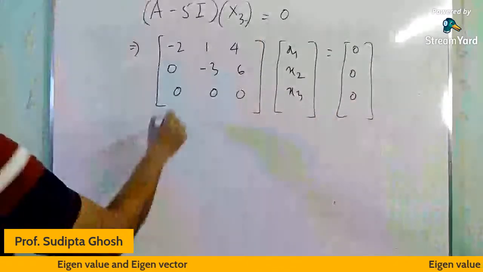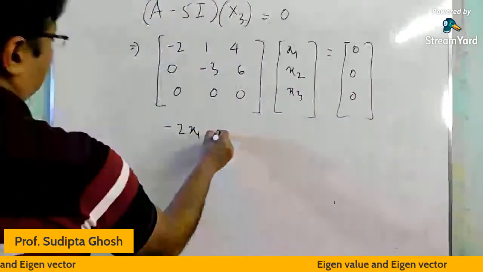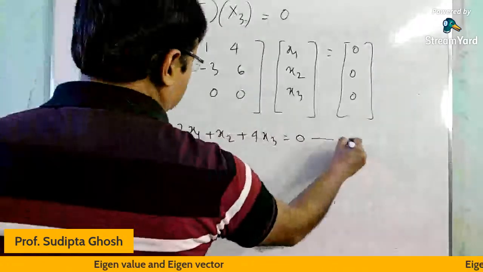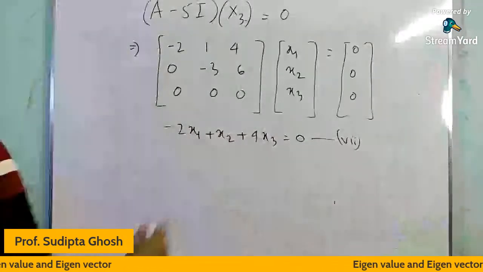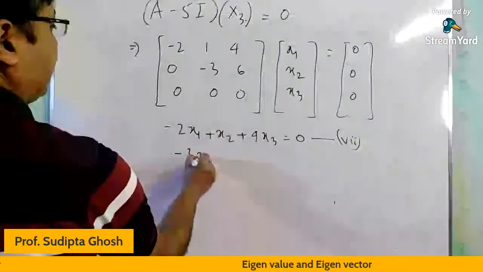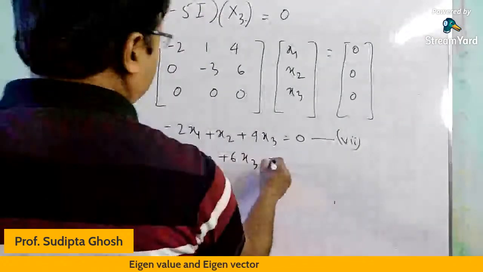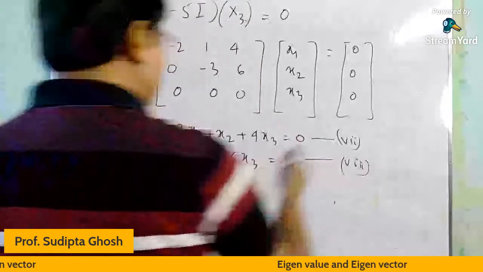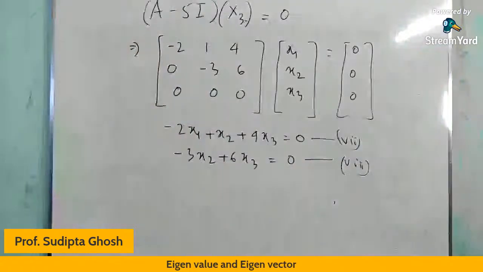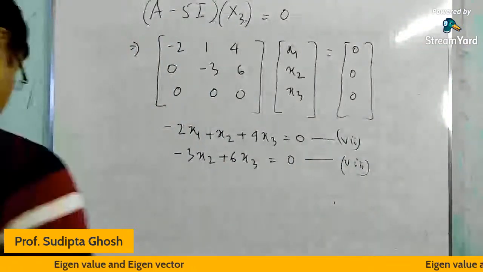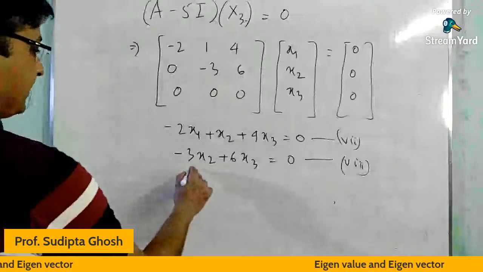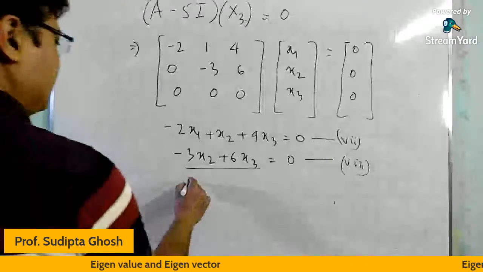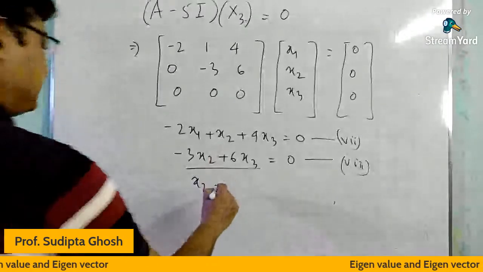So from here we can write minus 2x1 plus x2 plus 4x3 equals 0. Let it be equation 7. Then minus 3x2 plus 6x3 equals 0. Let it be equation 8. And we have no other equations left. Now from equation 8, we get x2 equals twice x3.